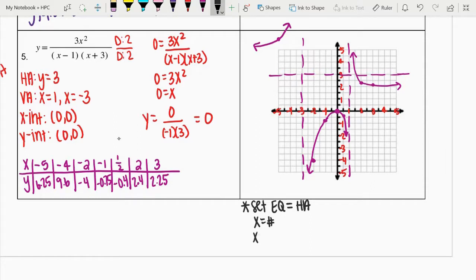If x is equal to plus or minus 3, which in this case is that asymptote right there, then it will cross twice. Okay, so this would be then cross once. All right, and then if you get like no solution, so if you were to get 0 equals 4, something that doesn't make sense, then it would never cross.